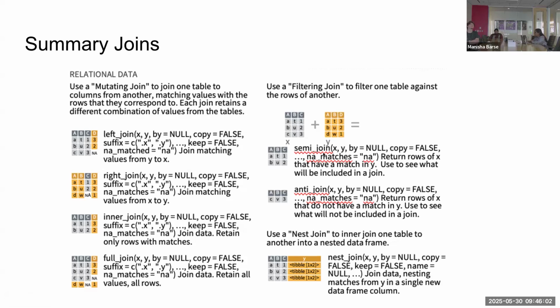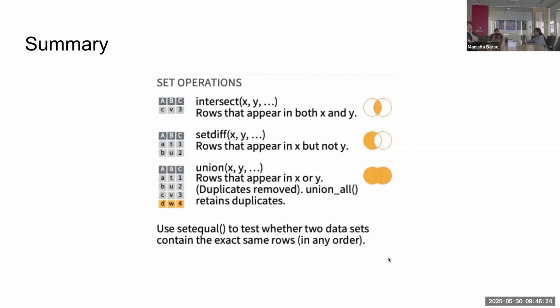Filtering joins are semi-join and anti-join. Semi-join tells us which rows match, whereas anti-join gives us the ones which are not included in the join. Then in the set operations, we looked at intersect, setdiff, and union.